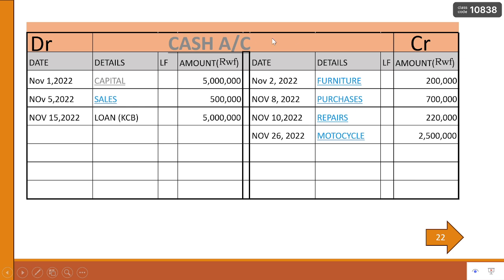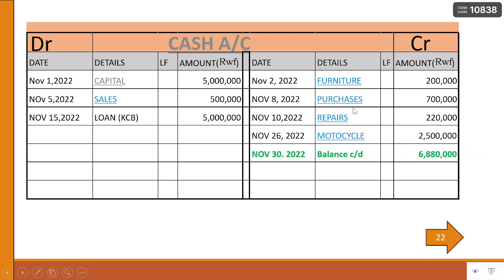Remember the steps of balancing off. You first compute the totals on the debit and credit. Then you find the balancing figure by subtracting the small amount from the big amount.